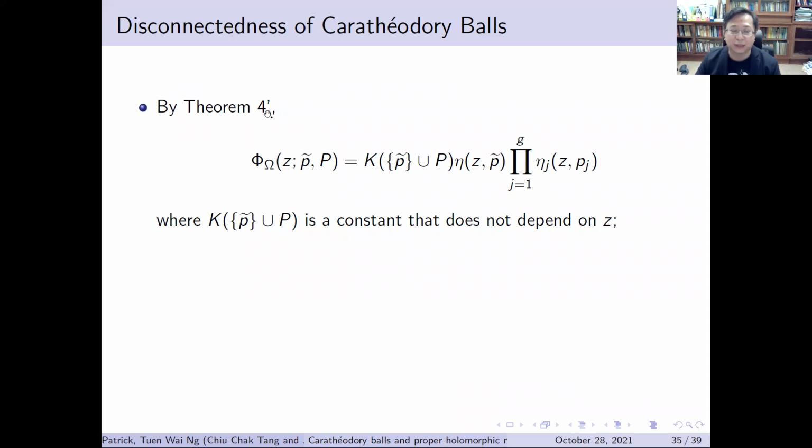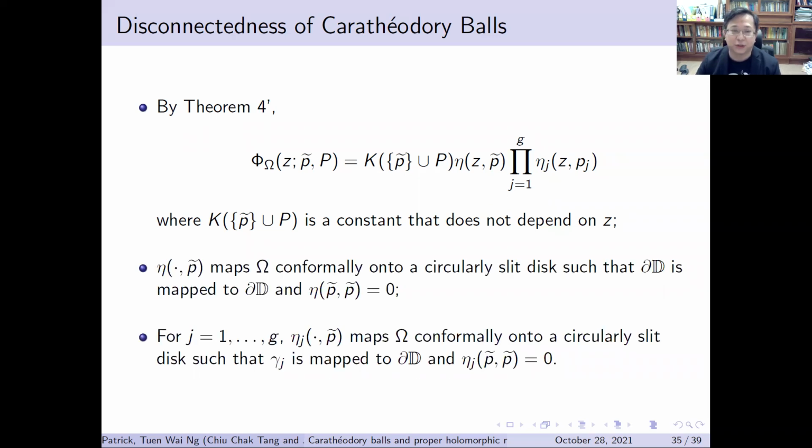According to our result, you can just express it as some finite product of conformal maps. It's given here. There's a constant which is independent of a set. All these mappings are just the conformal maps from circular domain to the circular slit domain.